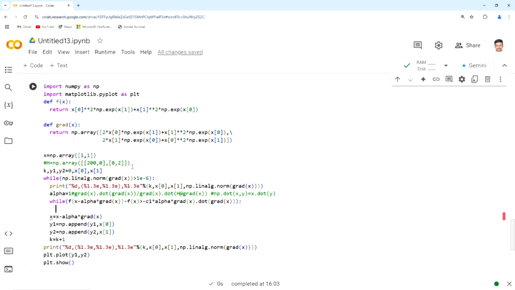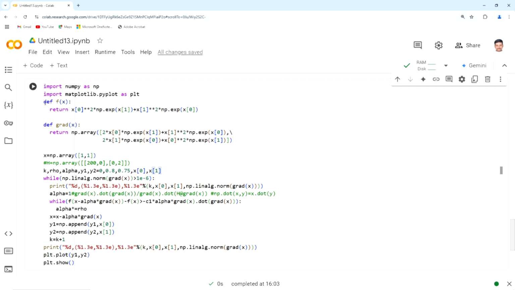When this is true, you just have to multiply alpha by a factor of rho. So, I need to initialize rho and c 1. That is 0.8 and 0.75. I am using the same values that we had used in the illustration. So, this part is backtracking line search.